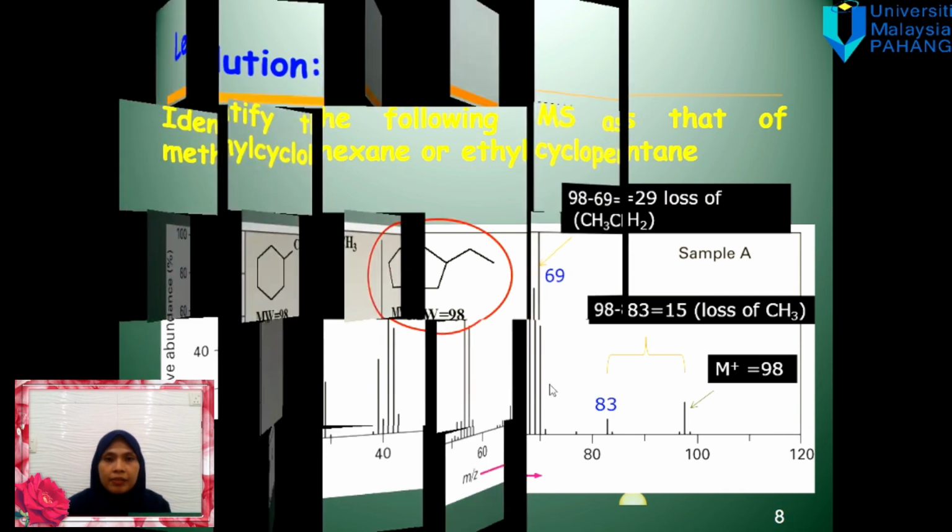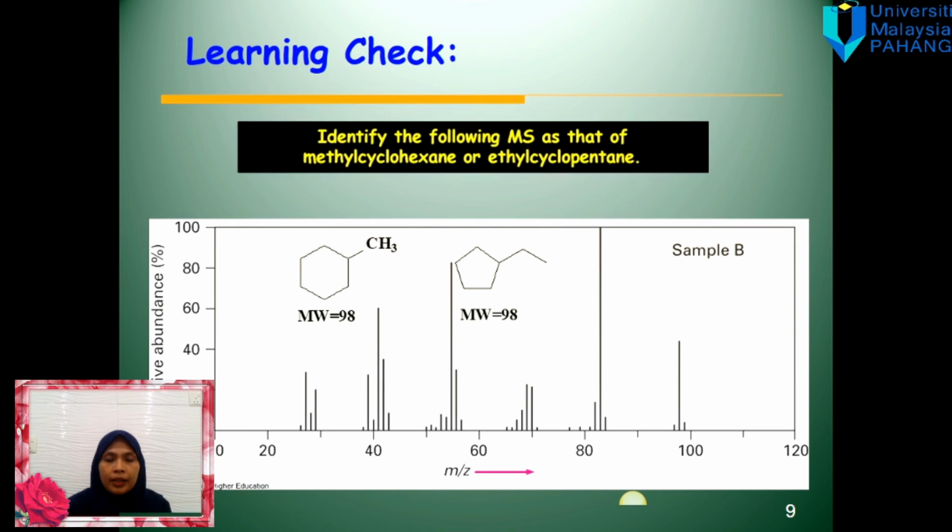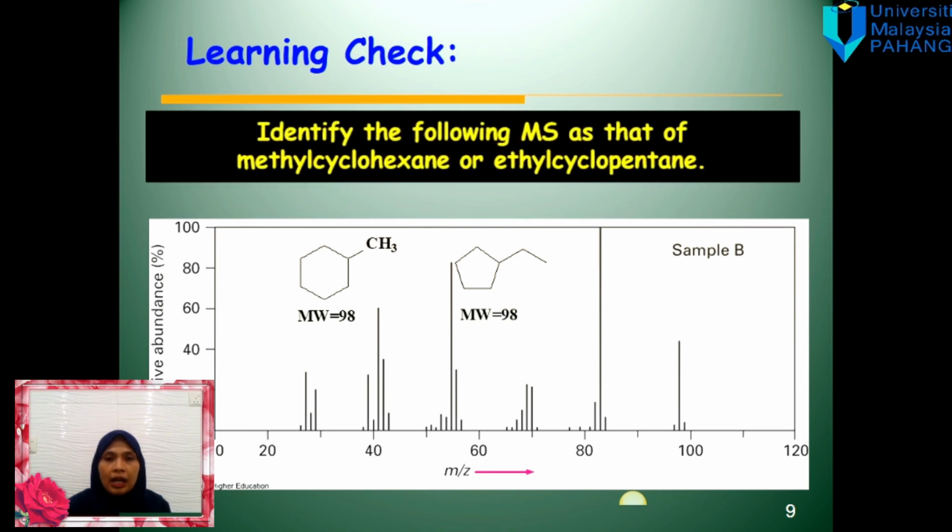And next example, for the spectrum B sample, how can we determine? It clearly shows that 98 minus CH3 gives the most stable cation, this part. This loss of 15 clearly shows that it belongs to this compound.